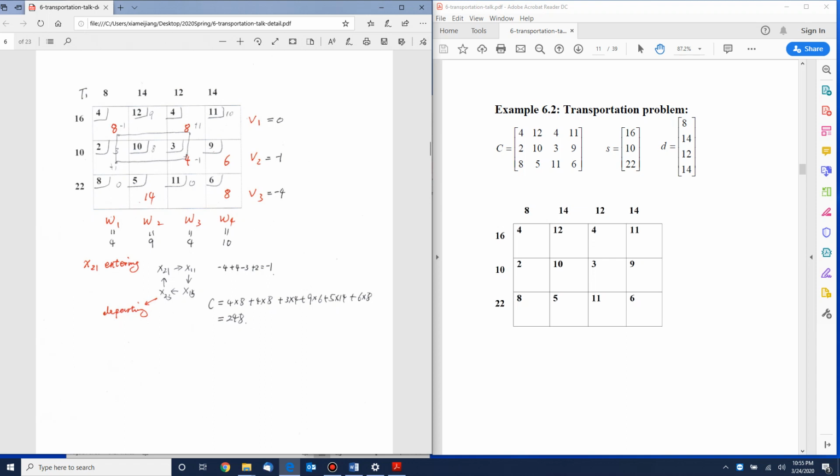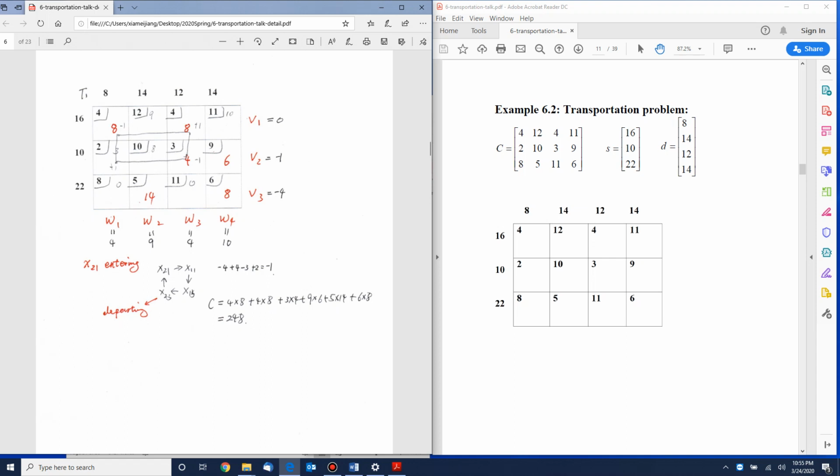Then we have 4 of them. So in this way, we can save $4 in all. We also check the total cost. The total cost actually equals 248.